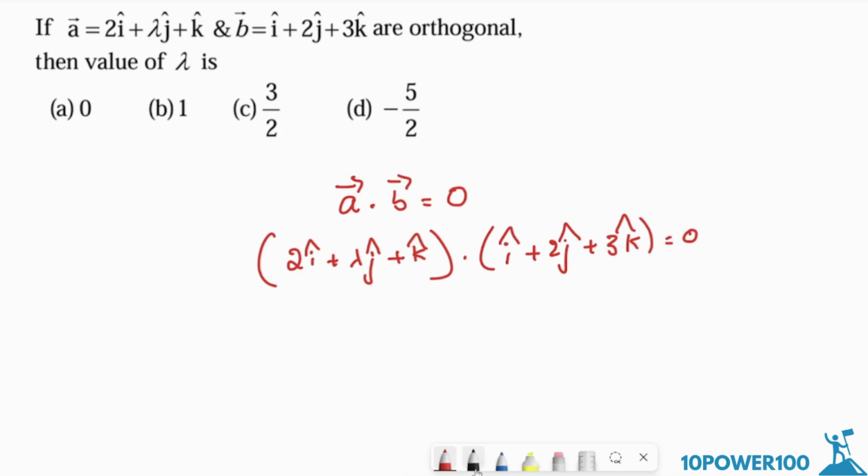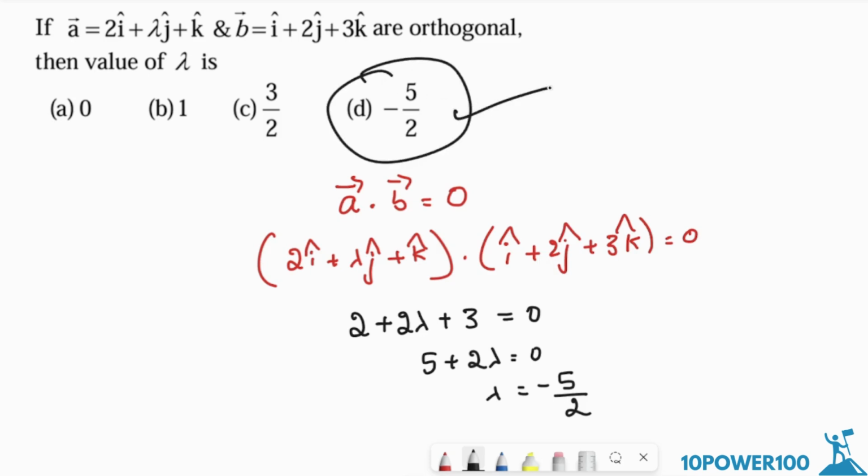Now if you multiply, 2 i cap into i cap becomes 2, plus lambda into 2 becomes 2 lambda, plus 1 into 3 becomes 3, is equal to 0. So 2 plus 3 is 5, 5 plus 2 lambda is equal to 0. So lambda is equal to minus 5 by 2. So option D, minus 5 by 2, is the correct answer.